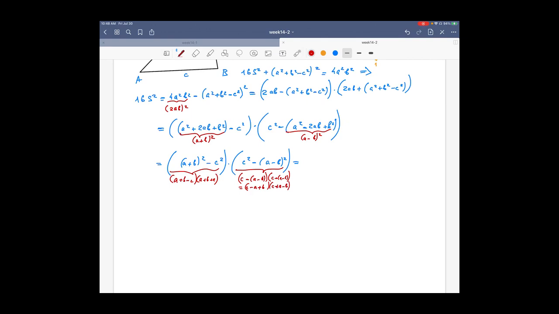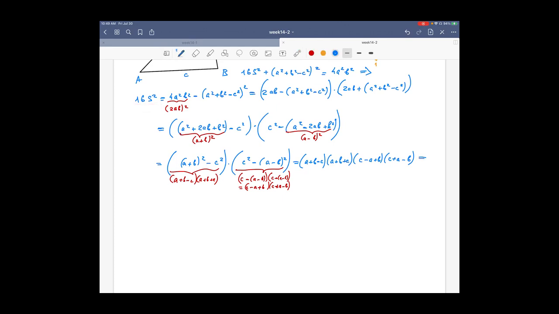So I get the product of four things. A plus b minus c, a plus b plus c, times c minus a plus b, c plus a minus b. And this is 16s squared.